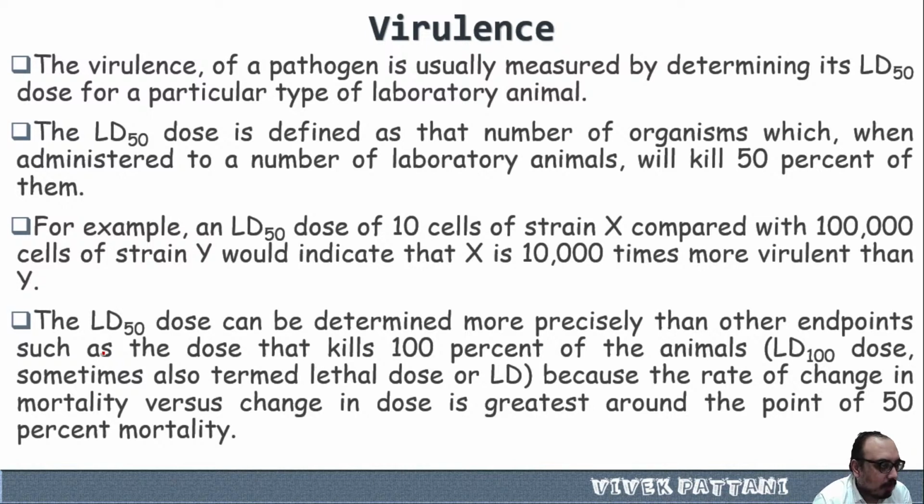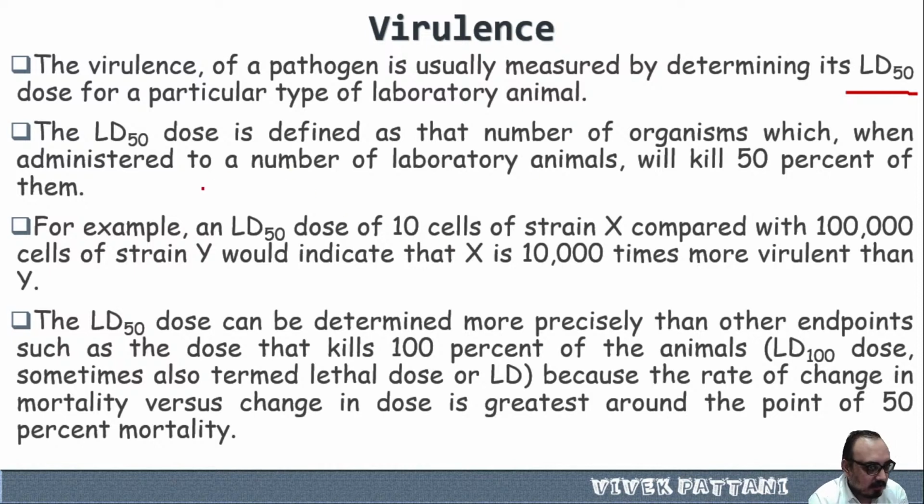The virulence of a pathogen is usually measured by determining the LD50. What is LD50? It is called lethal dose 50 for a particular type of laboratory animal.